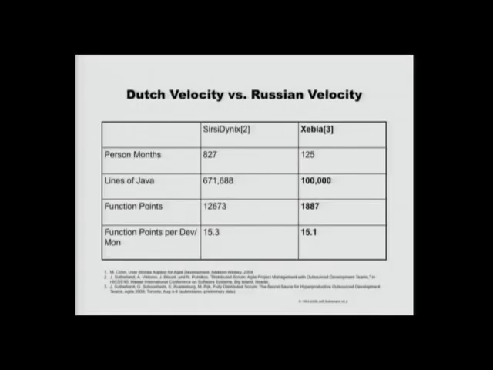So the net effect of the Zebia product, this is a little bit smaller than Cersei Dynamics, is they got 15.1 function points per development month, and Cersei Dynamics got 15.3. But this is a rigorous implementation with very high quality. So I think it demonstrates well that this was not a lucky accident.